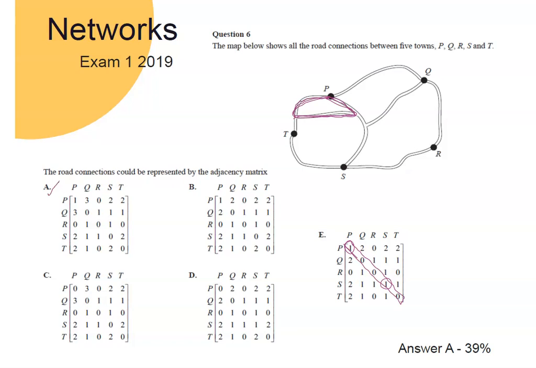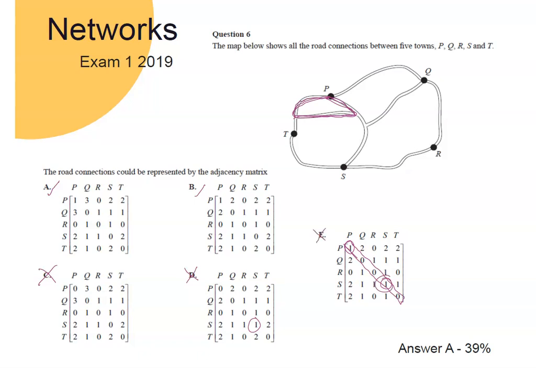Option B, again, possible. Option C has no loops at all, so it can't be C. D only has a loop at vertex S, so not possible. And E, again, has that additional loop at S.